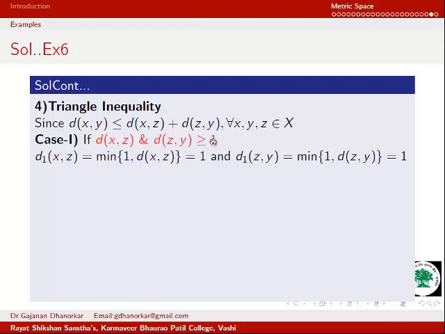Even if we take it equal to 1, again the minimum is 1. So in any case, when this is greater than or equal to 1, we get 1. In a similar way, d1 of z, y is equal to the minimum of 1 comma d of z, y. Again, d of z, y is greater than or equal to 1, and therefore the minimum of these two numbers is 1. Therefore, this is equal to 1.